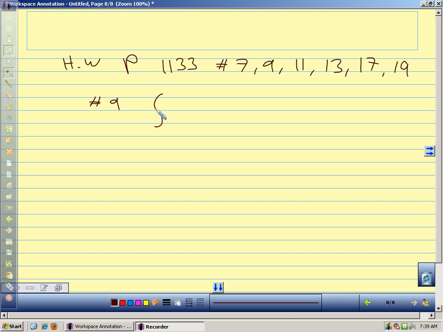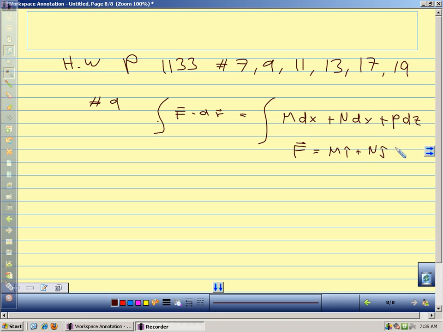I suggest you evaluate your line integrals of f dot dr. You have a 3-dimensional vector. On this particular problem, I would suggest you do it as m dx plus n dy plus p dz, where f is mi plus nj plus pk.